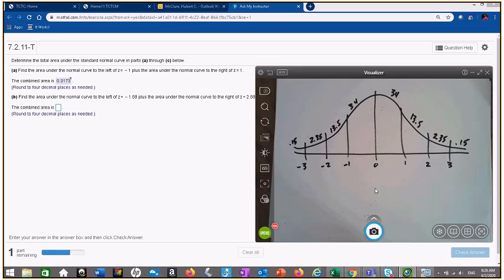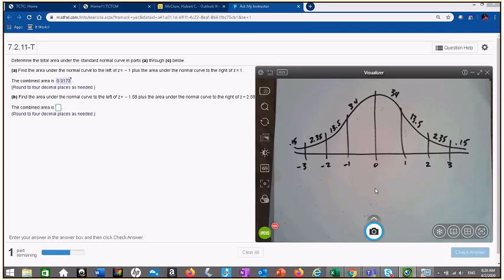All right, what does it say? Find the area under the normal curve to the left of z equal to -1, plus the area under the normal curve to the right of z equal to 1. Okay, so they want to know the area to the left.